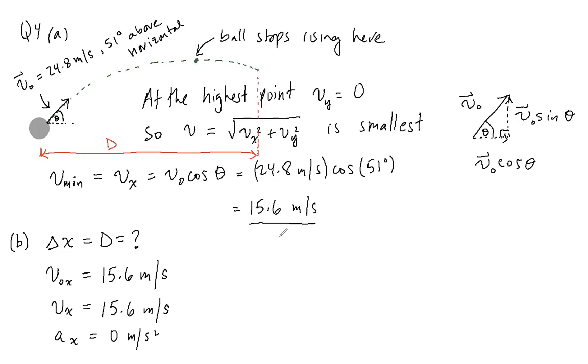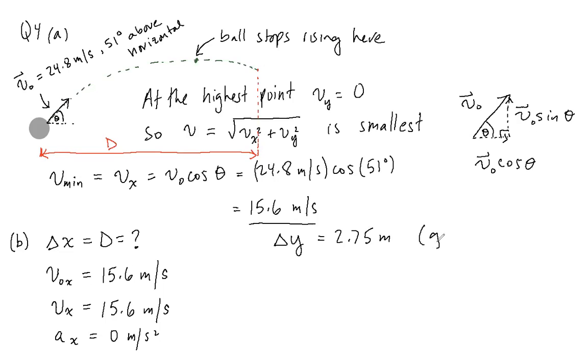So let's take a look at the y motion. So delta y: it was given that this high point where the ball begins to enter the goal is 2.75 meters above the ground. So this is going to be 2.75 meters.